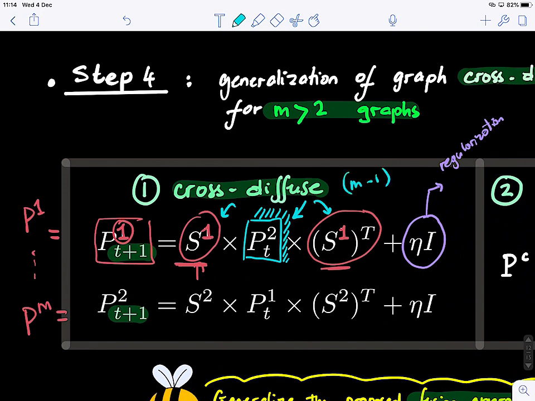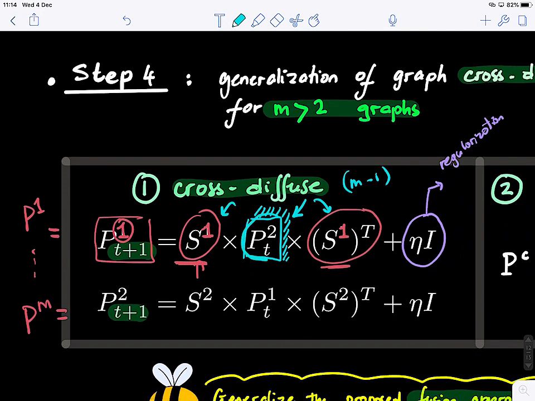What I can possibly do is, instead of taking a single view 2, I can take the average of the M minus 1, so the average of the global information from all other subjects, and diffuse this global average information from all other views across my local structure, and this is how I self-update myself. So this is how it is done here, okay?